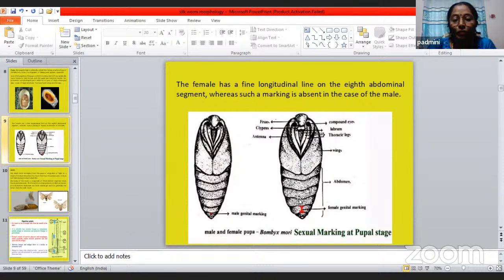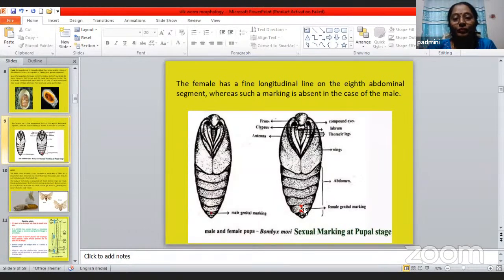Of course, the abdomen is broader in the female and a little narrower in the male pupa, although it is very difficult to differentiate the broadness. The best thing is to check that fine longitudinal line on the 8th abdominal segment to demarcate between a male and a female.